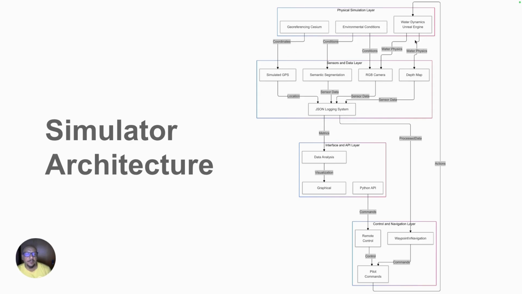And all data are collected and synchronized in real time in a JSON log system. So we can use this data for analysis at a different time, and have a connection with a Python API to create remote control and controlled environments, for example, for imitation learning tasks.